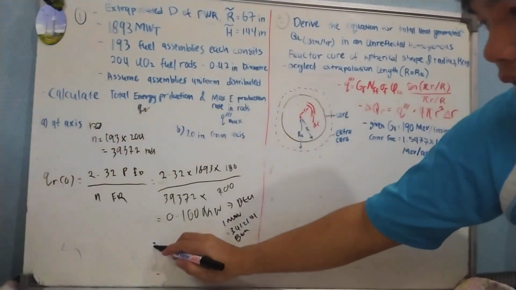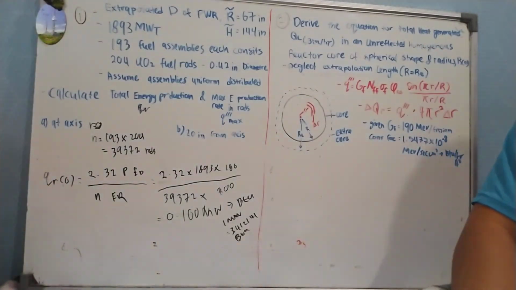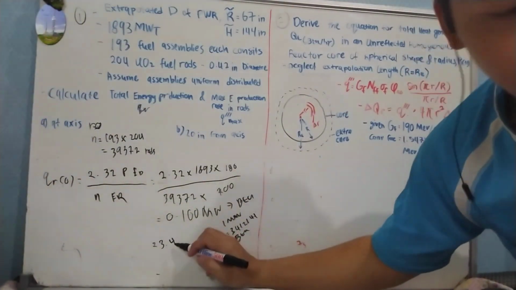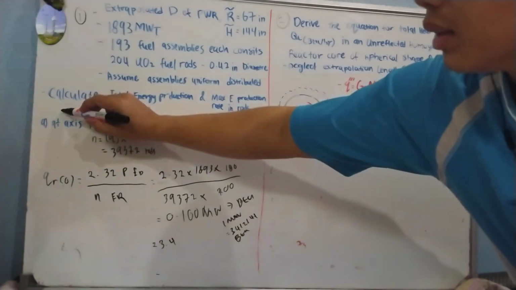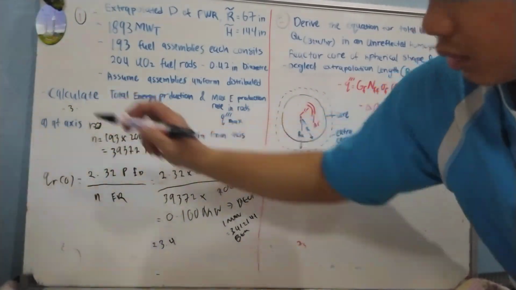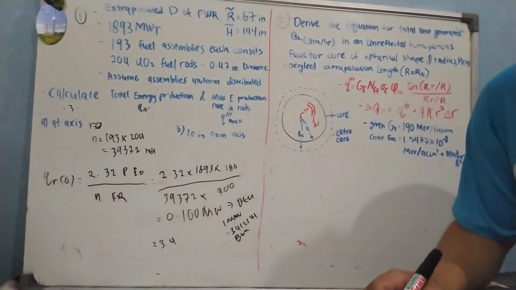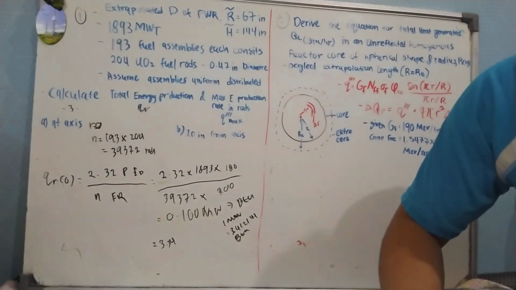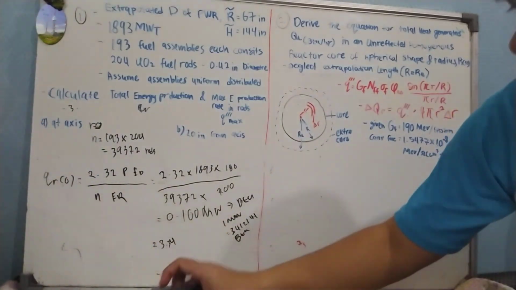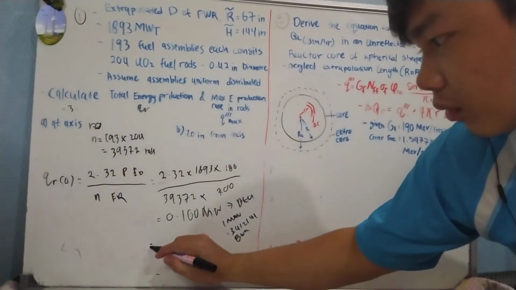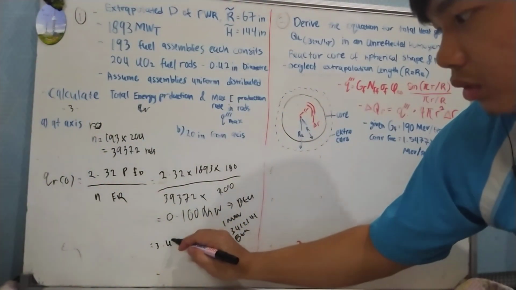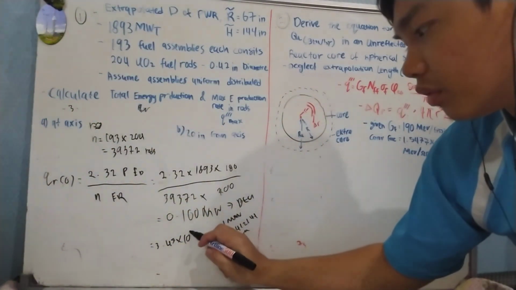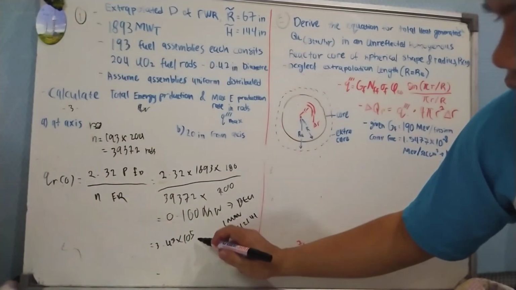By converting this, we get the final answer 3.43 times 10 power of 5 BTU per hour.